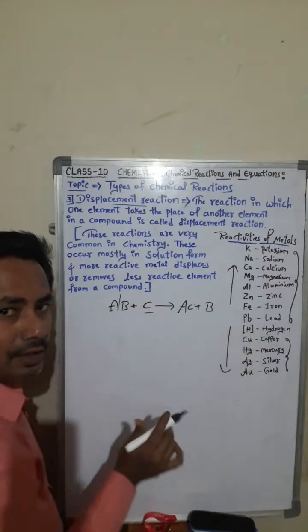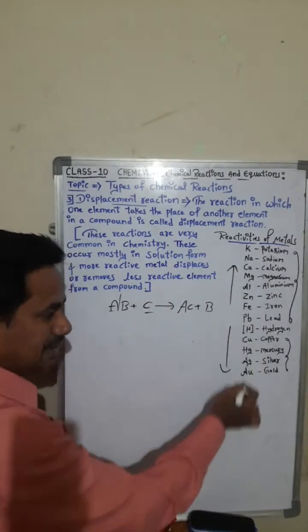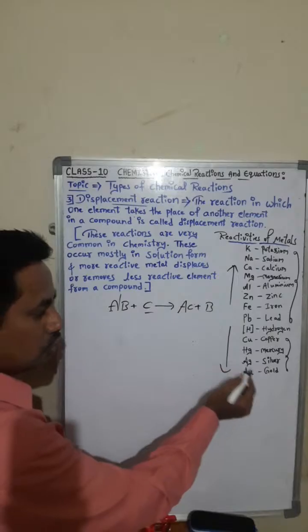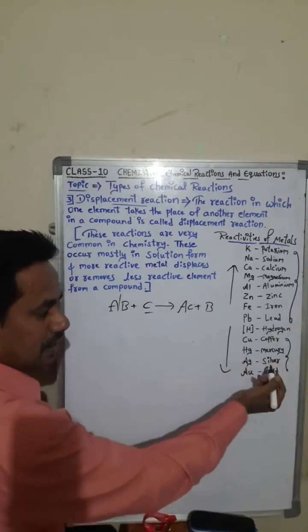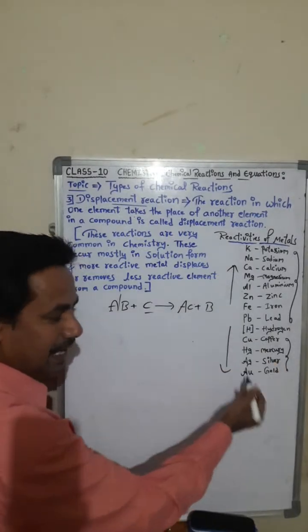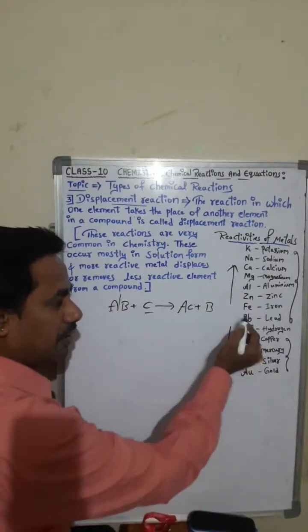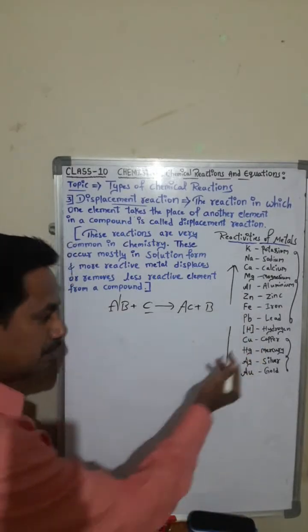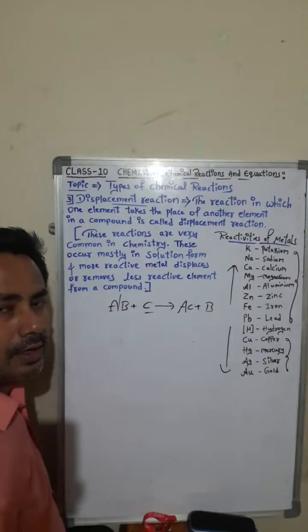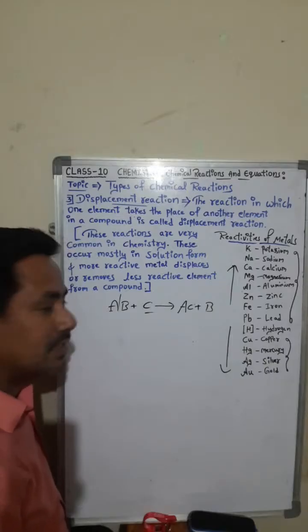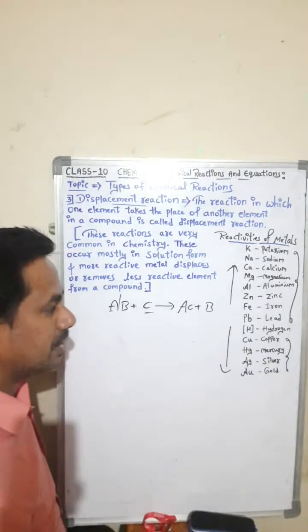Lead is more reactive than these elements. So if any element combines with a compound, if lead reacts with them, lead will displace these metals. We are going to study this in the examples.